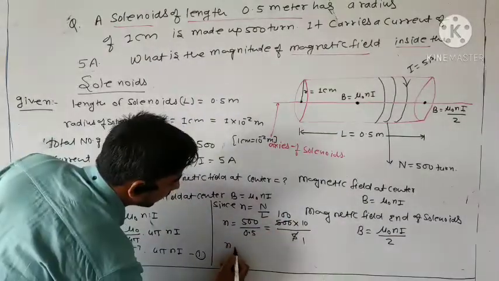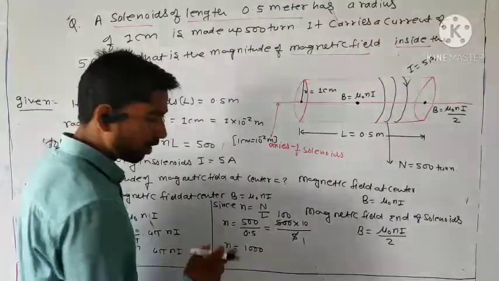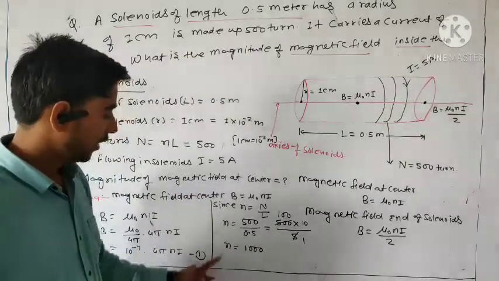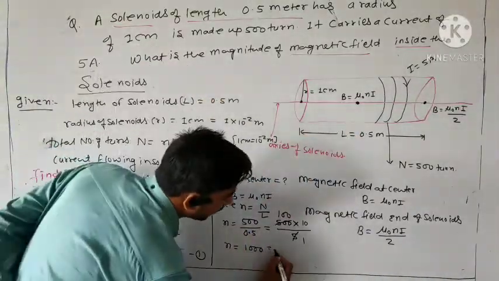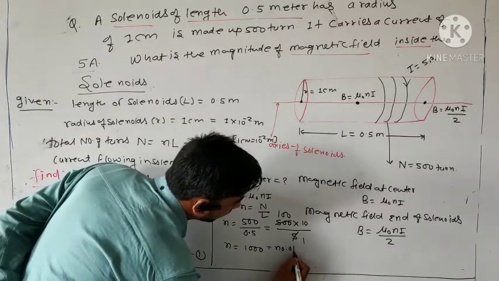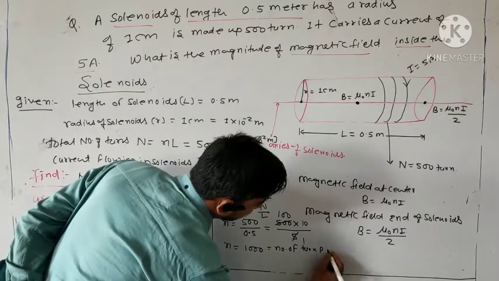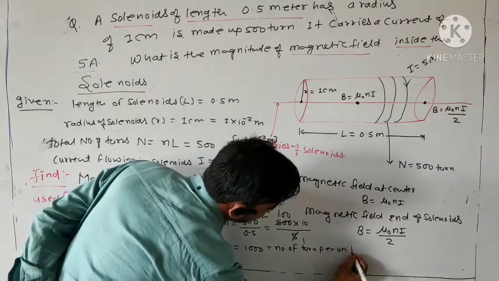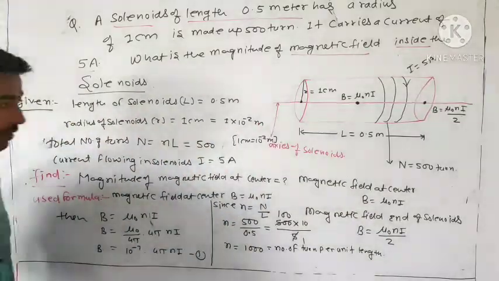Multiply this, then n is equal to 1000. What does small n represent? Capital N is the total number of turns, and small n represents the number of turns per unit length.